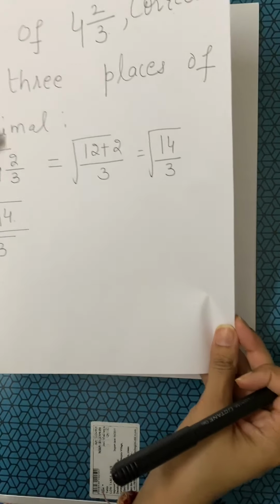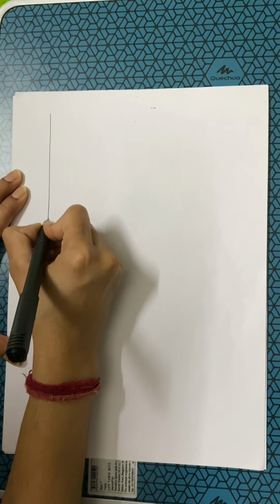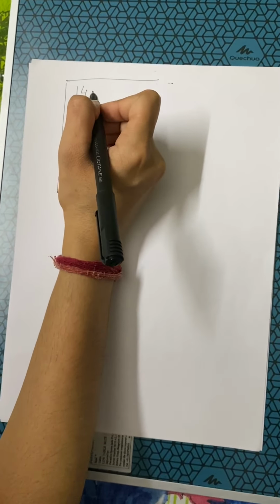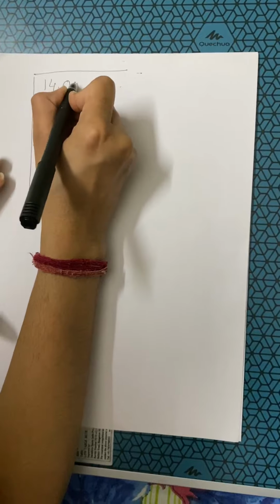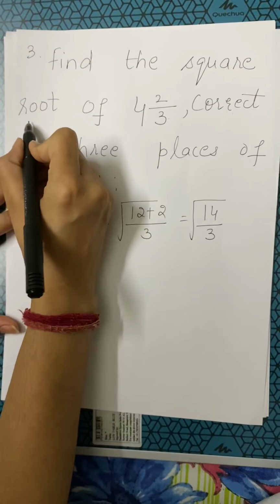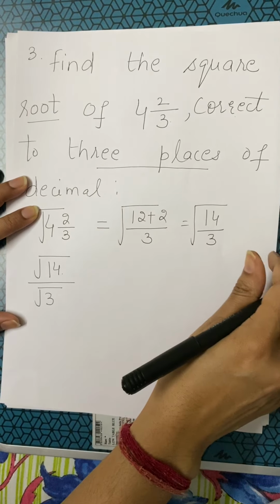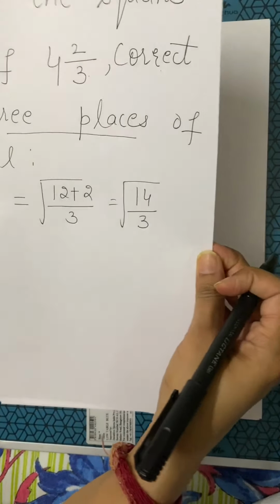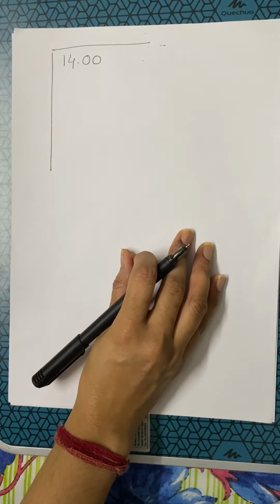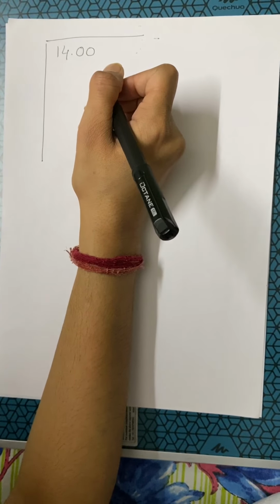Okay, square root of 14. I'll be writing 14 here. And then I'll be putting zeros. Again, the question is, I have to find the square root up till 3 decimal places. That means I will be dividing and getting the quotient up till 4 decimal places, and then we'll check if the digit can be rounded off, we can do that and get the result.